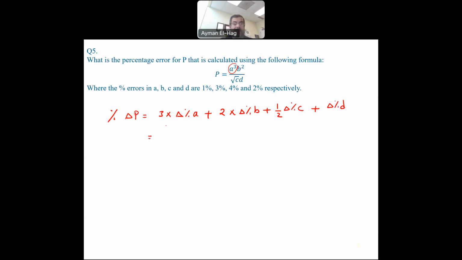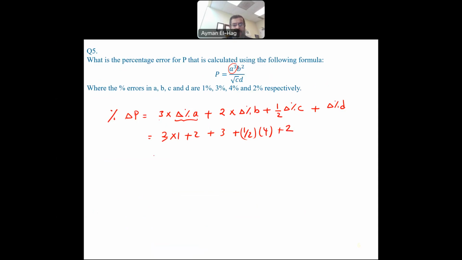So now here you start to add the errors. This is 3 times the percentage of A, which is 1, times 1, plus 2 times the percentage of B, which is 3, plus 1/2 times the percentage of C, which is 4, plus the percentage of D, which is 2.